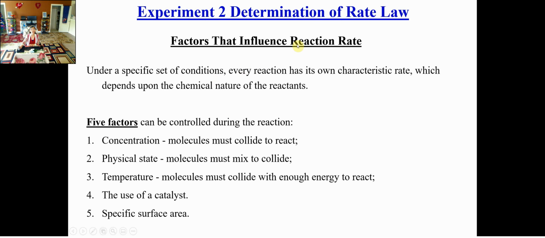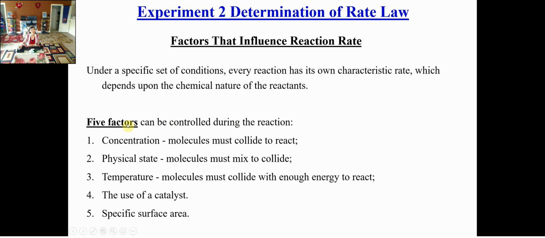Regarding chemical reactions, there are several factors that affect the reaction under a specific set of conditions. Every reaction has its own characteristic rate. Therefore, the nature of different reactants is going to determine the chemical reaction. 5 factors can control the chemical reaction.